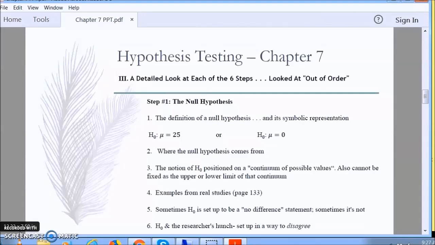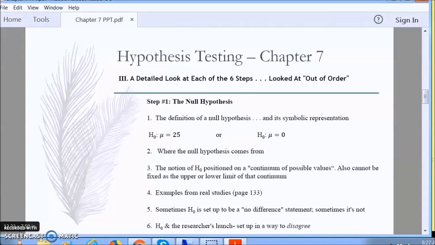So let's look at the first step, stating the null hypothesis. What is the null hypothesis? The null hypothesis is a pinpoint statement as to the unknown quantity of the parameter in the population of interest. So basically, the null hypothesis is a pinpoint statement for the population, like the population mean would be 0 or the population mean would be 25.